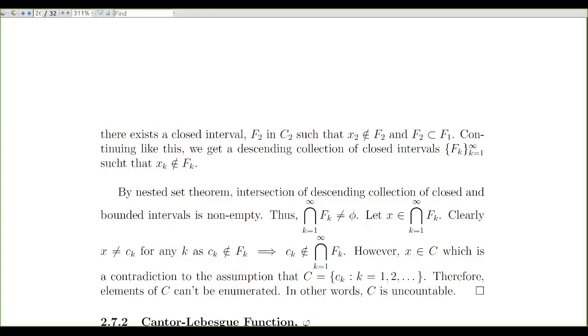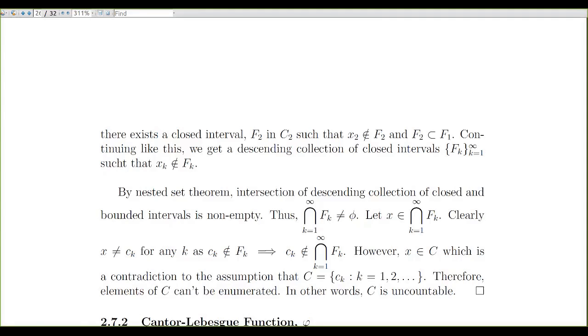If we assume C is countable, then every element can be given a number. And then by the construction of C, we can obtain this descending chain of closed sets F1, F2, F3, etc. These are a descending chain of bounded closed intervals, and their intersection is non-empty by the nested set theorem.